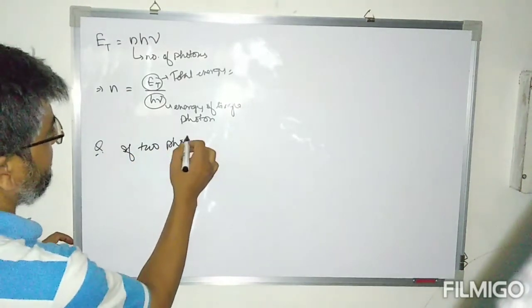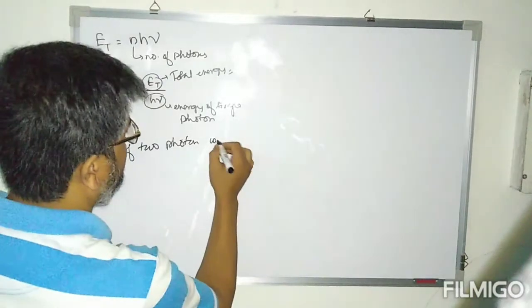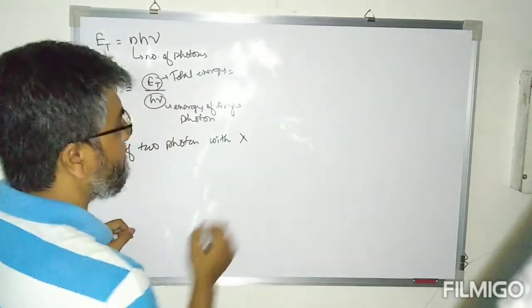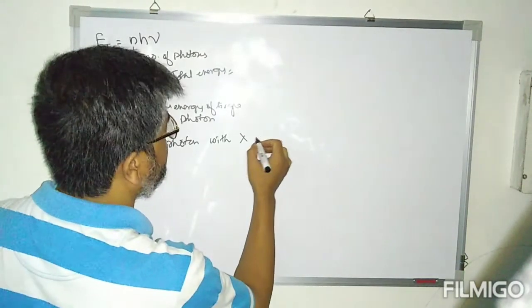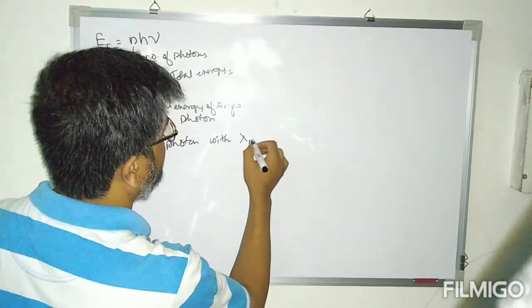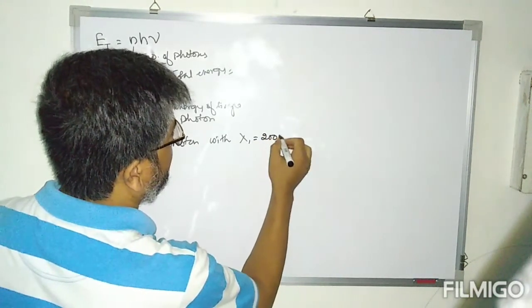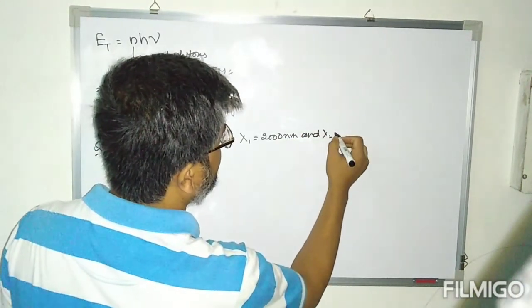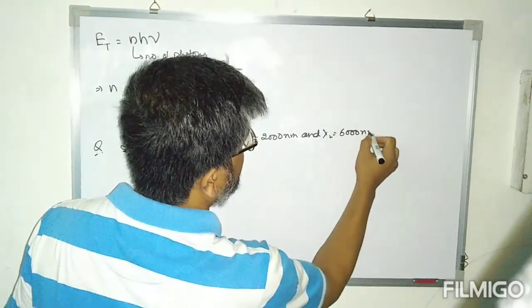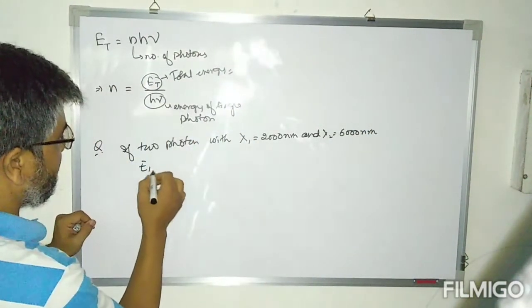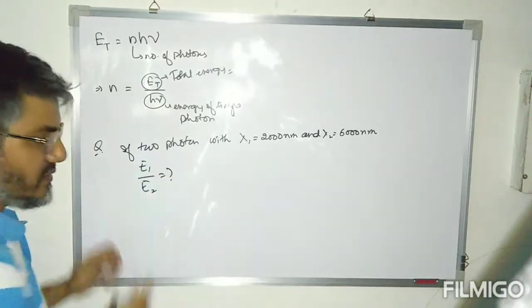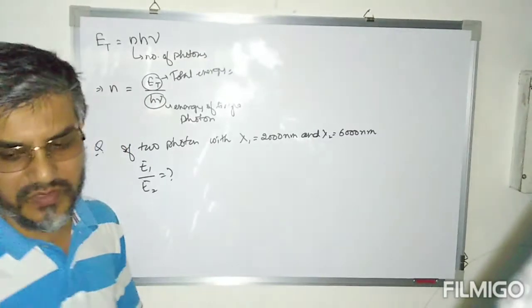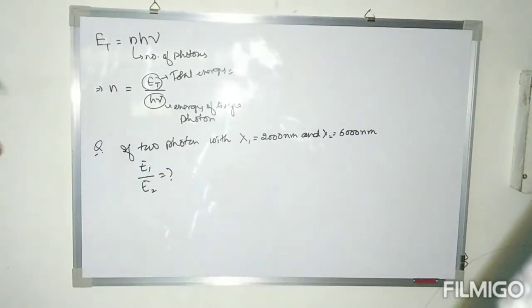If two photons with wavelengths lambda 1 of 2000 nanometer and lambda 2 of 6000 nanometer, then what is the ratio of their energies?